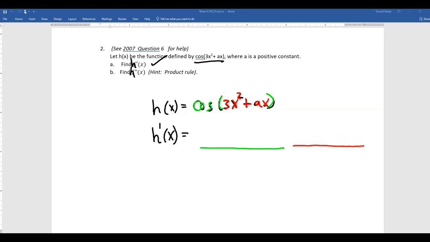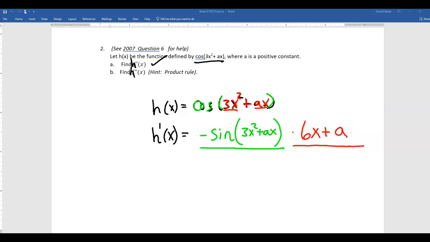Now, the derivative of the outside, the derivative of cosine is negative sine. The inside will stay the same for now. And then the derivative of the inside, the derivative of 3x squared is 6x, and the derivative of ax is just going to be a.